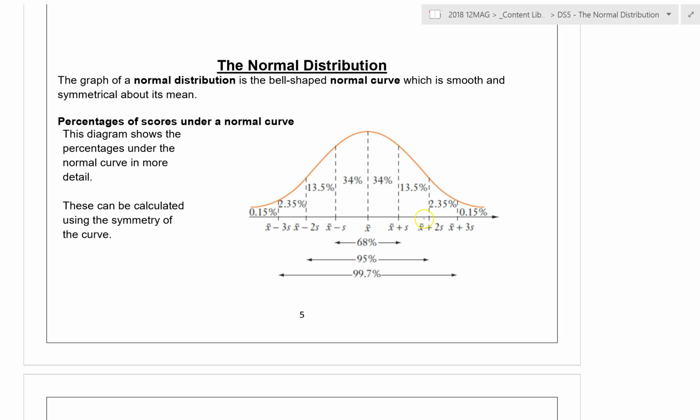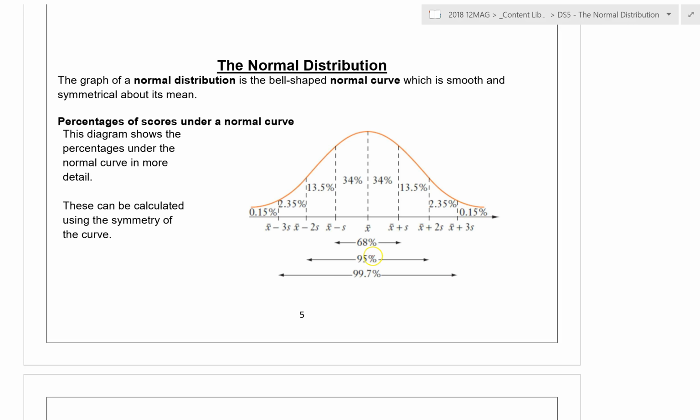If I go out to 3 standard deviations below and above, that would be 99.7% of all scores typically. Only 3 out of every 1,000 scores I would expect to be outside of that range. To be more than 3 standard deviations above or below the mean would be quite unusual.